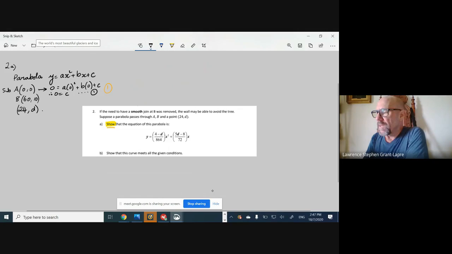Part B, substitute (60, 10) into the equation. So let's put 10 equals a times 60 squared plus b times 60 plus c, which is 0, as we know now. 10 equals 3,600a plus 60b.